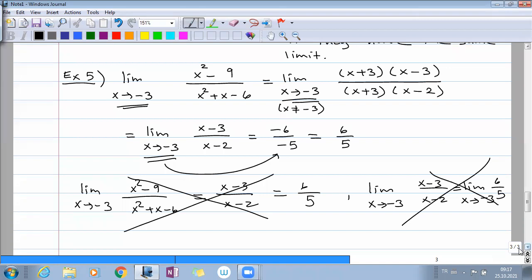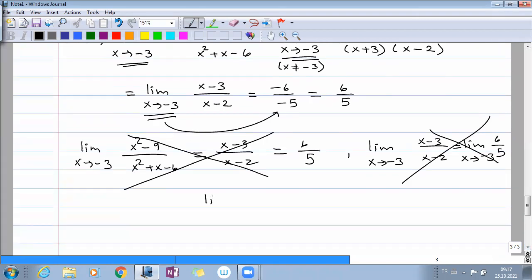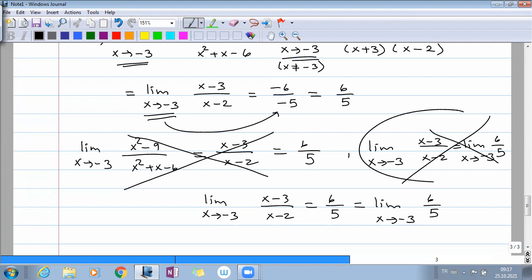You can say the limit of this function is equal to 6 over 5. 6 over 5 is also the limit of the constant. Therefore, the limit of x minus 3 over x minus 2 is equal to the limit of 6 over 5, but not in this order. This would be wrong. Once you take the limit, you don't write the limit anymore.